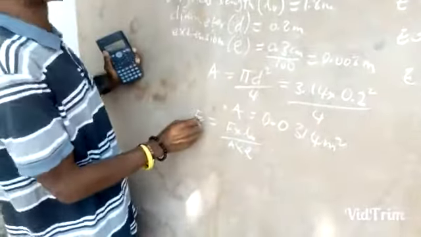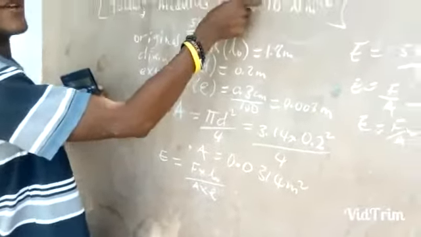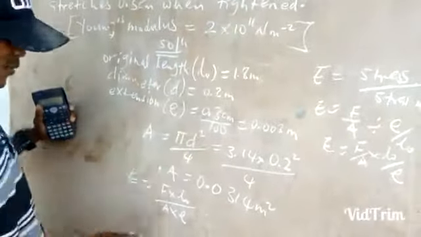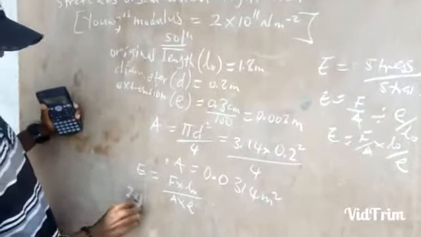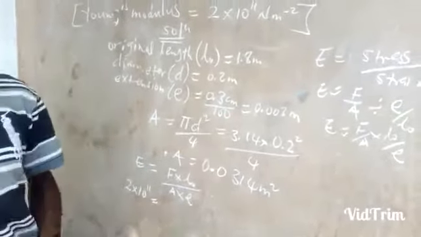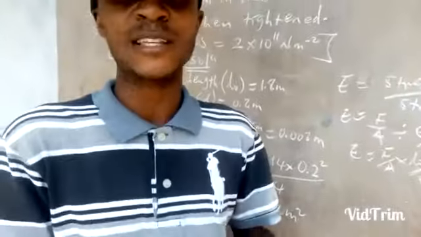Now the Young's modulus, according to the question, is 2 times 10 to the power 11. So 2 times 10 to the power 11 equals the force, which is the same as the tension. Have in mind that force is the same as tension.